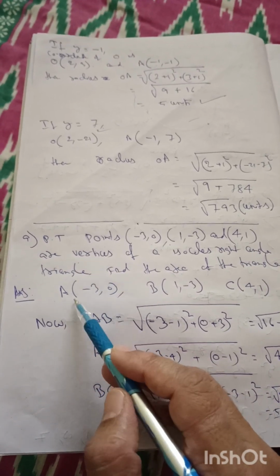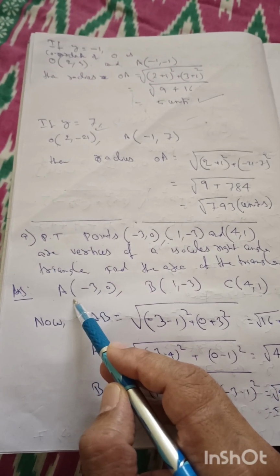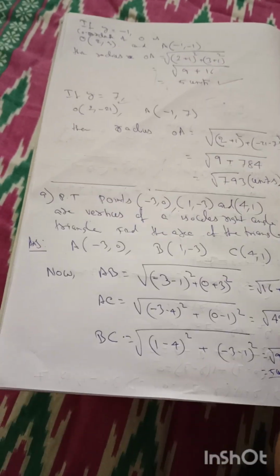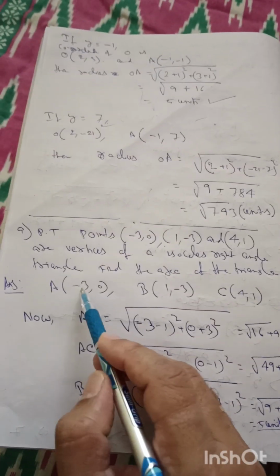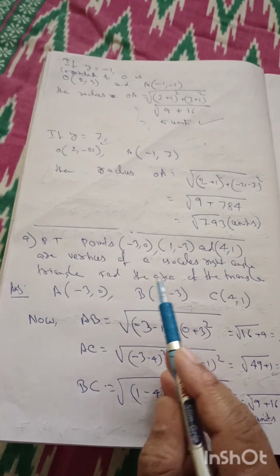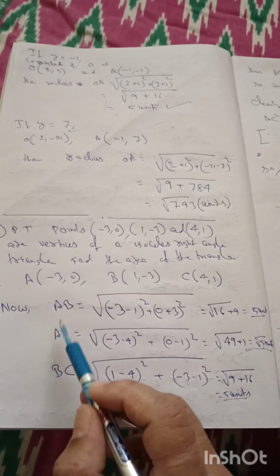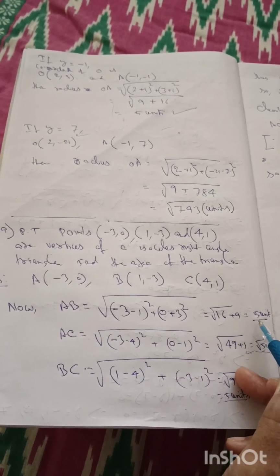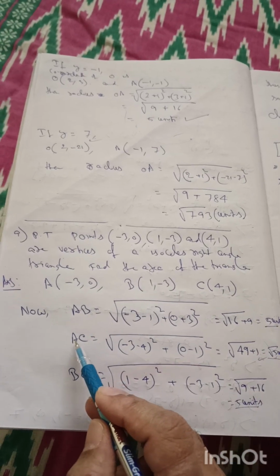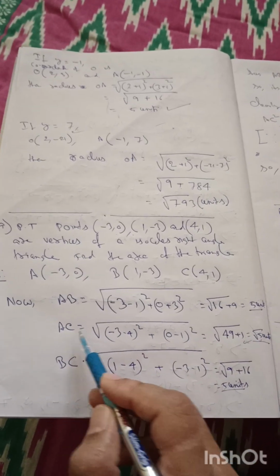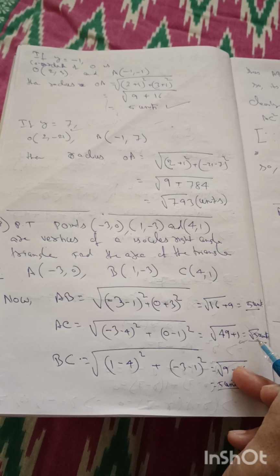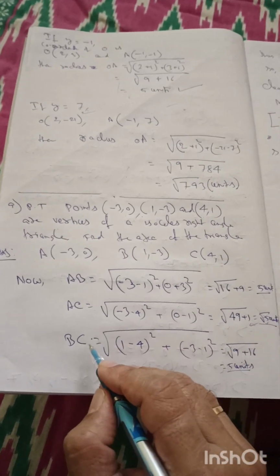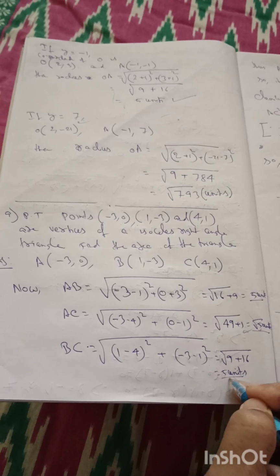Now the three points which are given, we name them A, B and C. Now simply by applying the distance formula we find AB, which is 5 units. We find AC, which is square root 50 units, and BC, which is again 5 units.